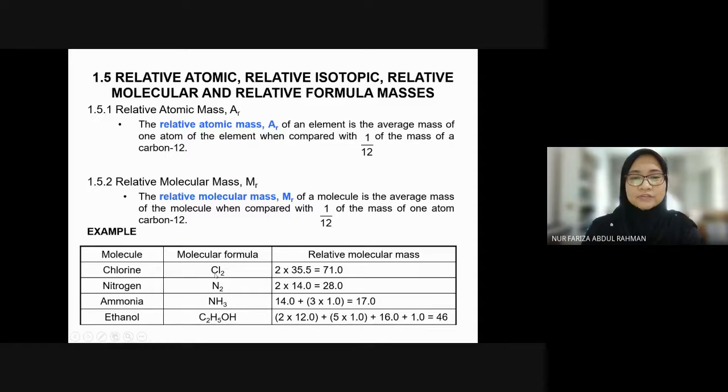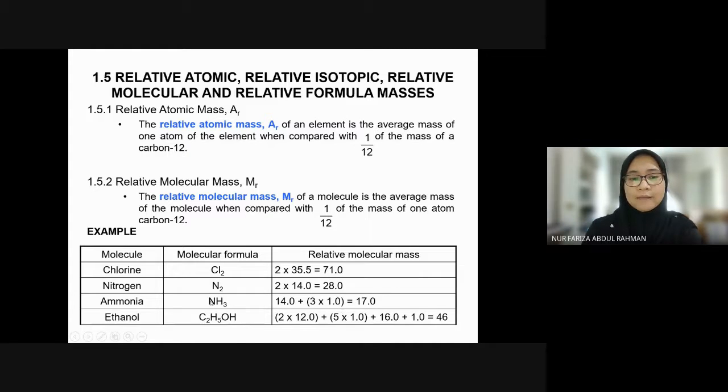For Cl2, we have 2 Cl atoms times the atomic mass of Cl, which equals 71. So N2, NH3, and so on.